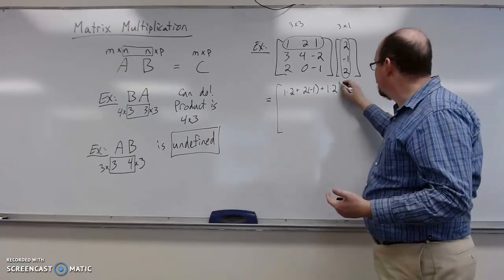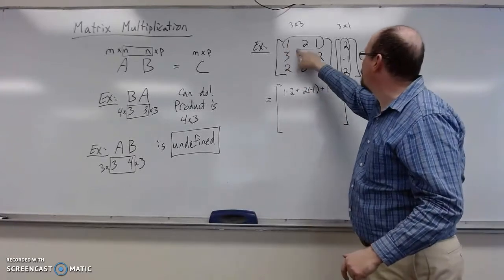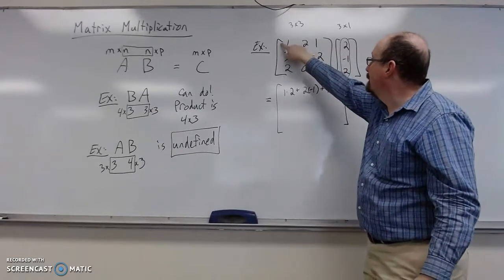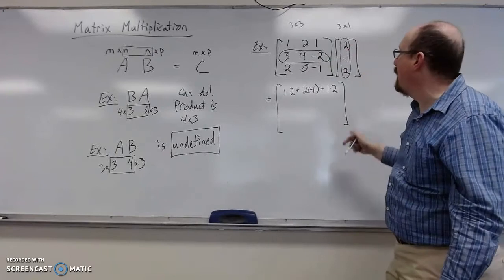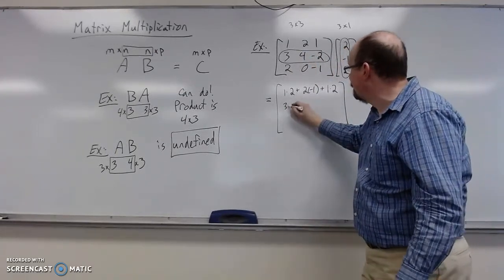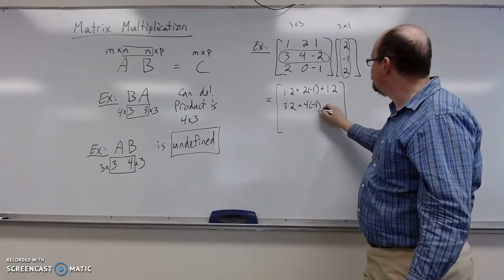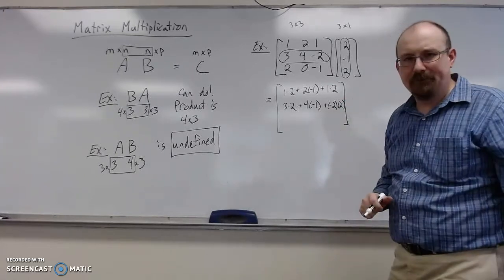All right, so we're going to repeat that process for the next one down. Except this is 2,1, so we want row 2 of our first matrix, still the first column, and we keep going down the line. 3 times 2, 4 times -1, -2 times 2.